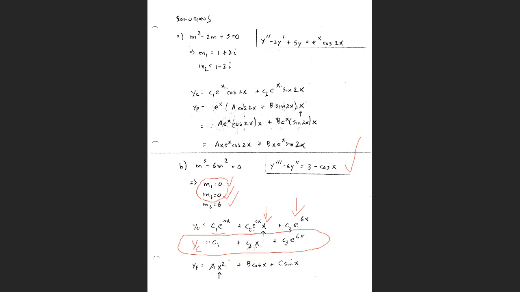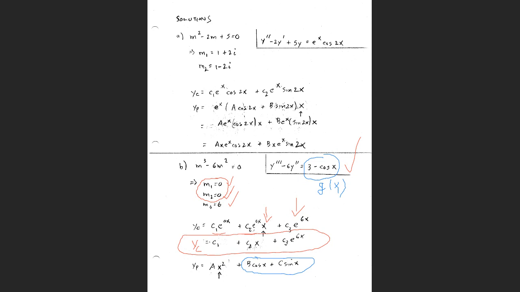All right. Well, now the g of x on the right-hand side consists of the difference of two functions. So the cosine of x, that's easy enough. We should use B cosine of x plus C sine of x for that.